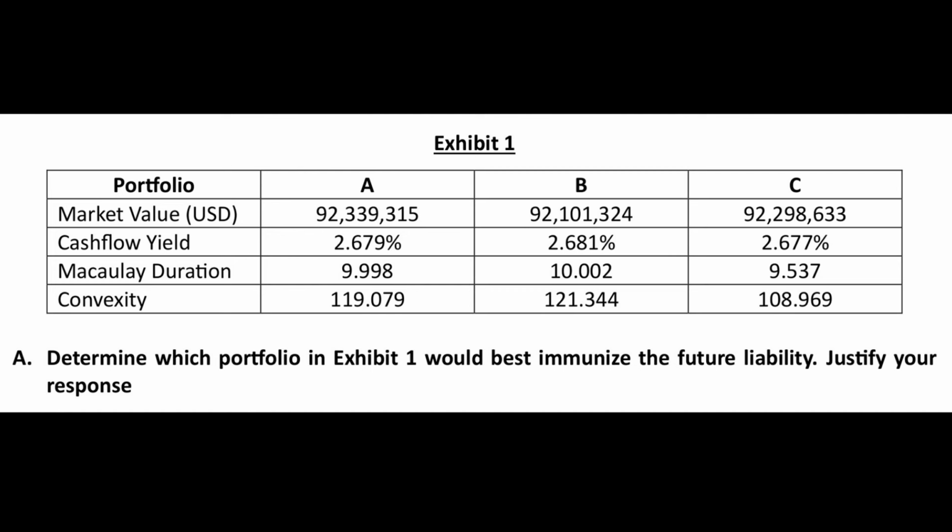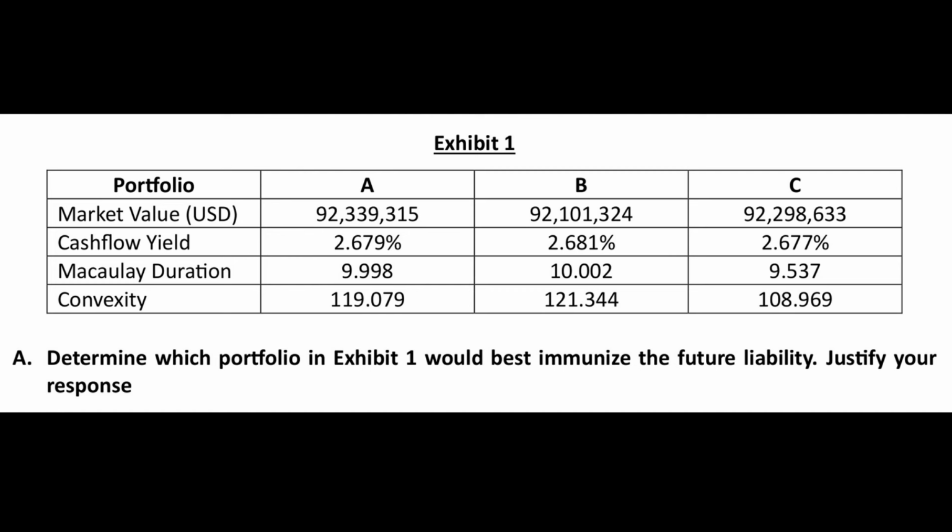Justify your response. Determine and justify. Determine means you have to tell portfolio A or B or C. Justify means you have to specify the reason as to why you have chosen this particular portfolio and why you have eliminated the other portfolios. If you do not explain why the other 2 portfolios are eliminated, your answer is not complete. I may repeat again. You have to, as a part of justification, give reason for eliminating the other 2 portfolios.